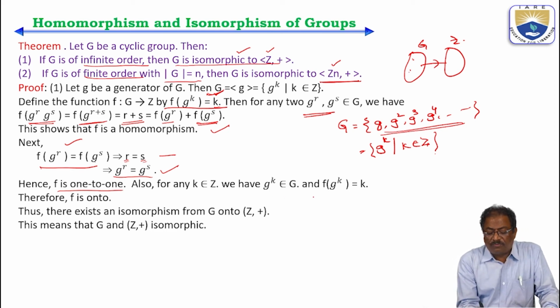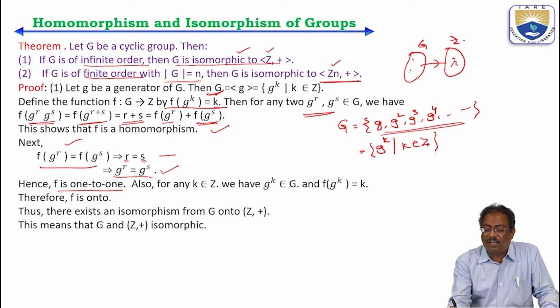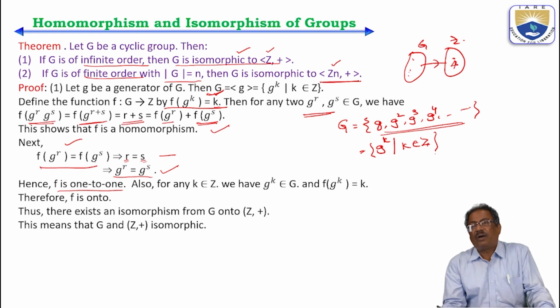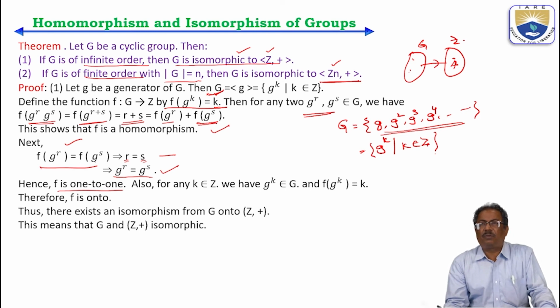Now, for proving the ontoness, any element you select here should have a pre-image. If I take the integer 4, then its pre-image is G power 4. If I take 5, its pre-image is G power 5.